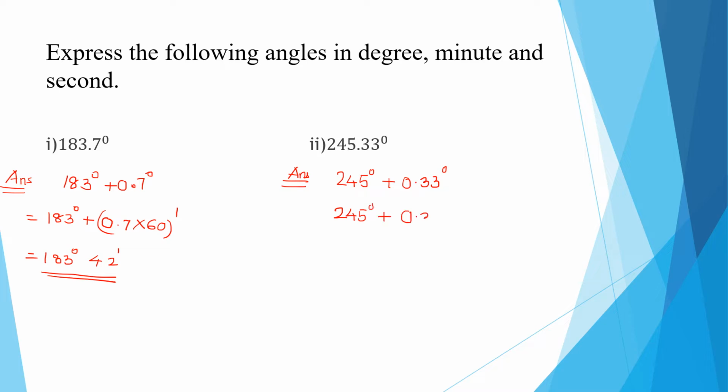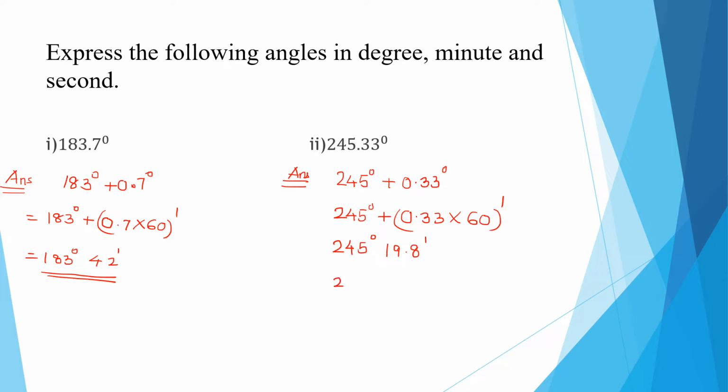Now 0.33 degree has to be converted to minutes, so I'll multiply by 60 and I'll give the symbol of minutes. So this will be 245 degree. Now this will become 33 into 6. How much? 3.3 into 6, that is 19.8 minutes. So 245 degree. Still there is decimal.